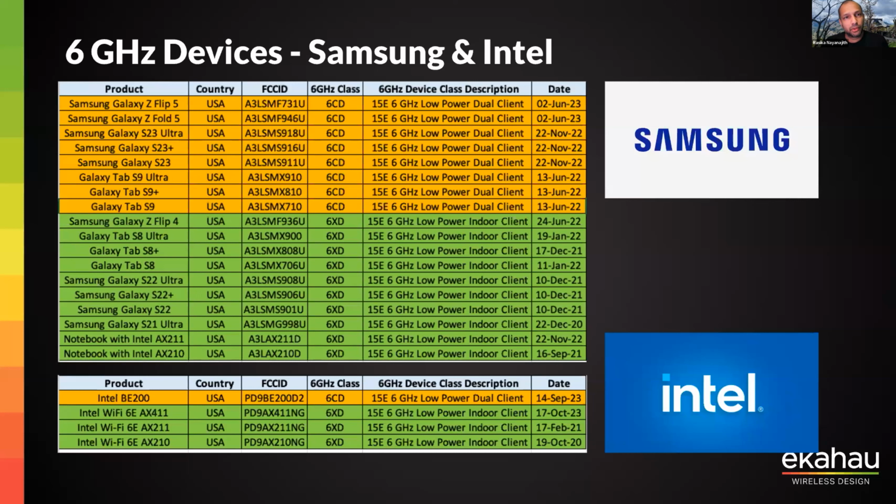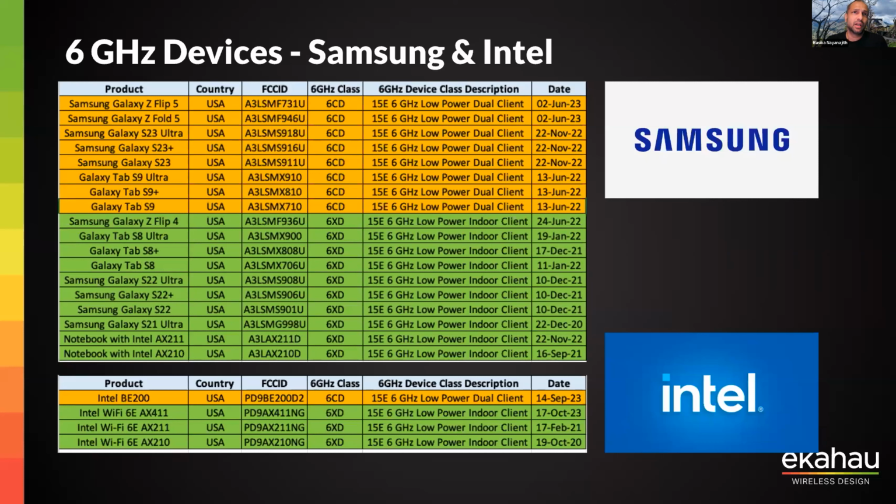In that way, from the Windows point of view, I think most of them are the AX chipset, which are still indoor low power, not capable of, or should not be capable of, connecting to a standard power access point. I have listed a few examples here, not an extensive list, but the FCC website is the website you should go and check.